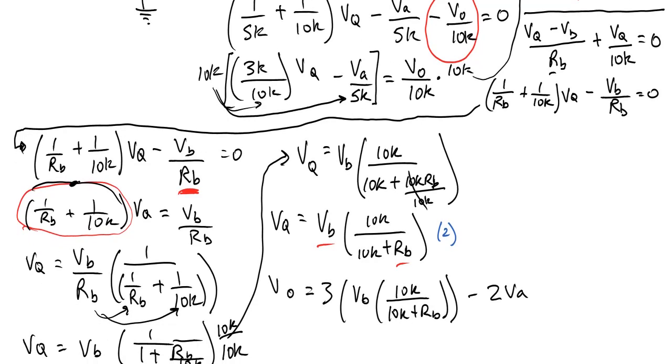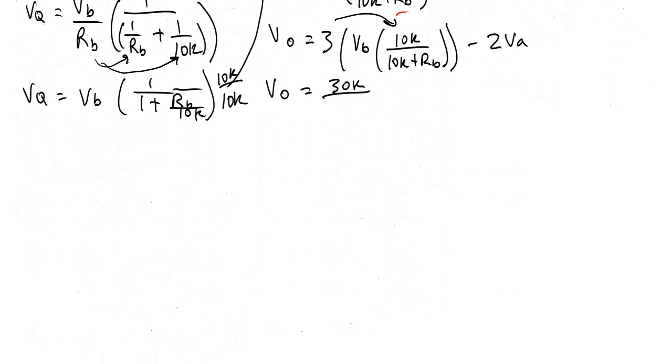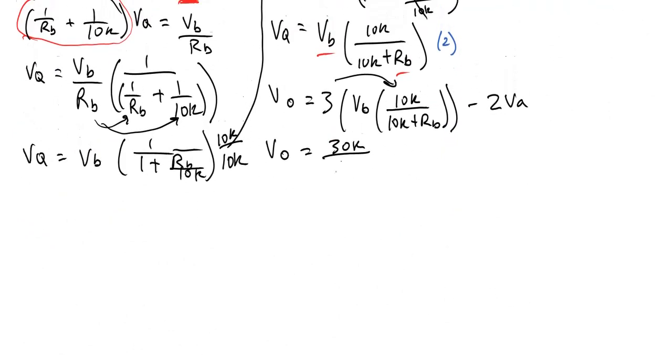So then what we end up with is VO, and let's distribute this 3 and rewrite this a bit. So VO is 30k divided by RB plus 10k times VB minus 2VA.